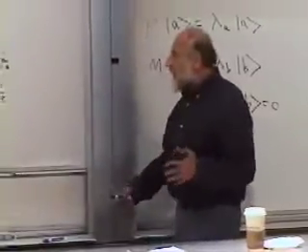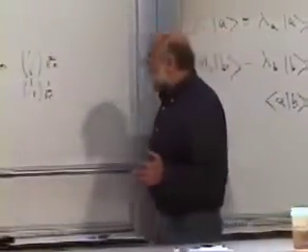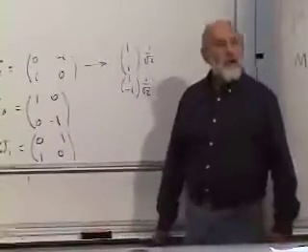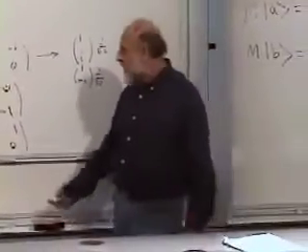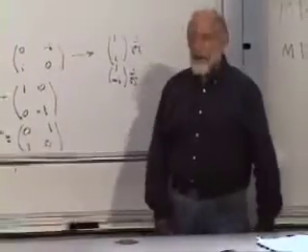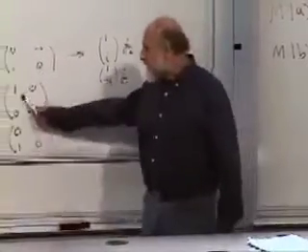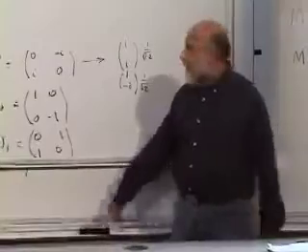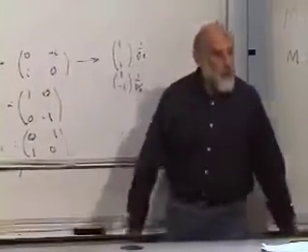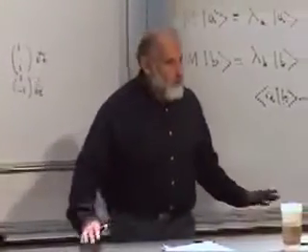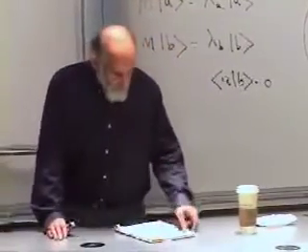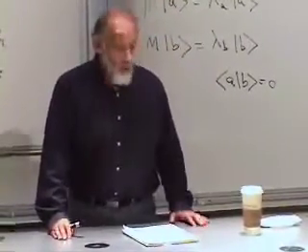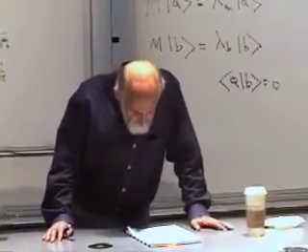But notice that they do have very similar properties, the same eigenvalues. So if you measure the possible values that you can get in an experiment, for sigma 1, you get 1 and minus 1. For sigma 3, you get 1 and minus 1. For sigma 2, you get 1 and minus 1. That's all you can ever get when you actually measure them. And we're going to see the same is true along any axis.